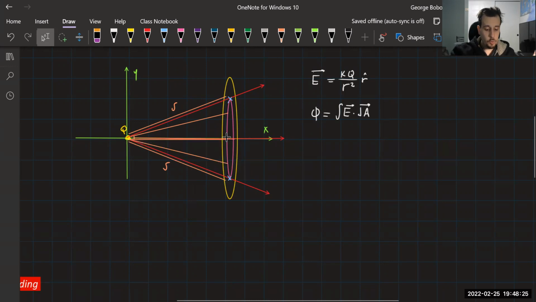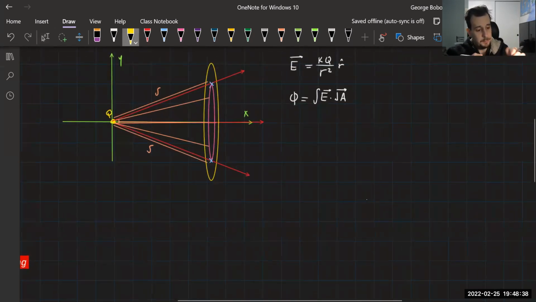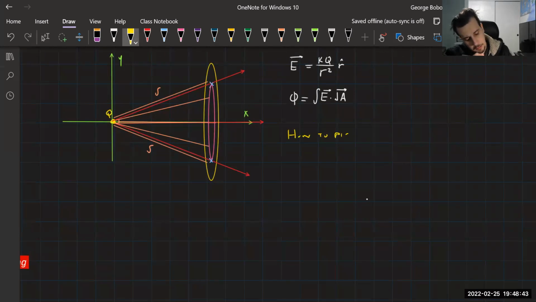Okay, so why am I caring about that? Well, because this guy right now depends on the value of curly R. So how to pick the building block?